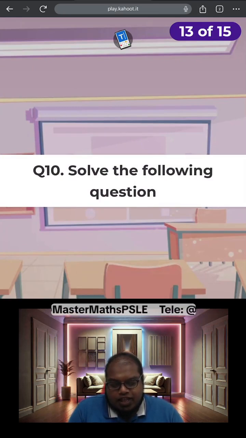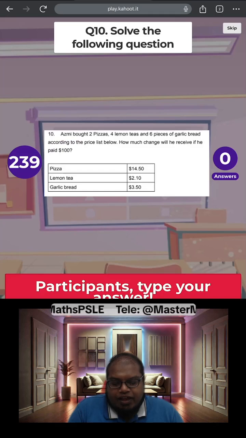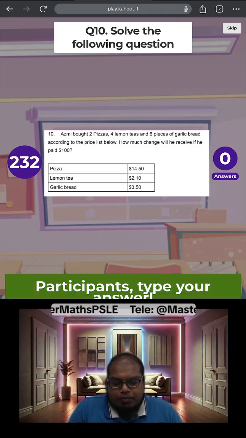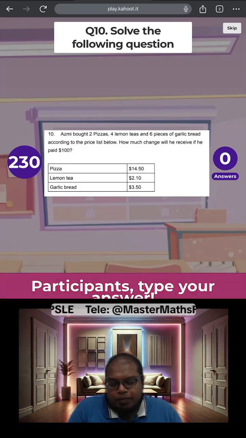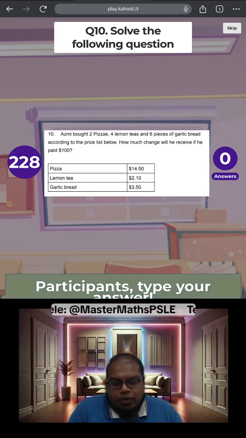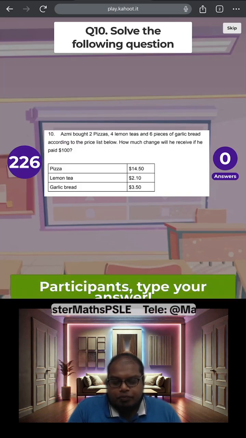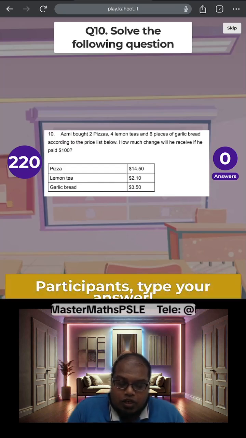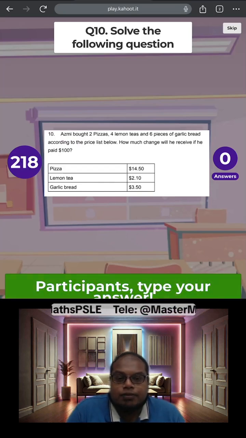And question 10: Azmi bought 2 pizzas, 4 lemon teas, and 6 pieces of garlic bread. According to the price list below, how much change will he receive if he paid $100? Okay, we are asking for the change, not the total price.